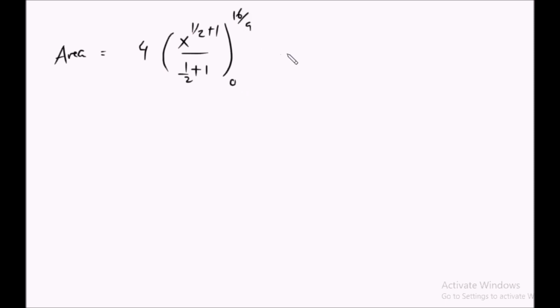Let's solve. So the area will be 4 times x power half plus 1 over half plus 1, plus c, you put in the limits, minus 3 times x power 1 plus 1 over 1 plus 1. So I put in the limits.